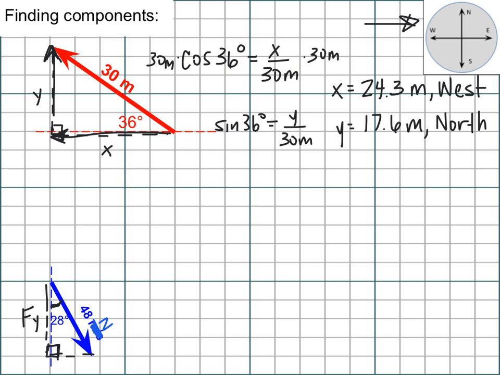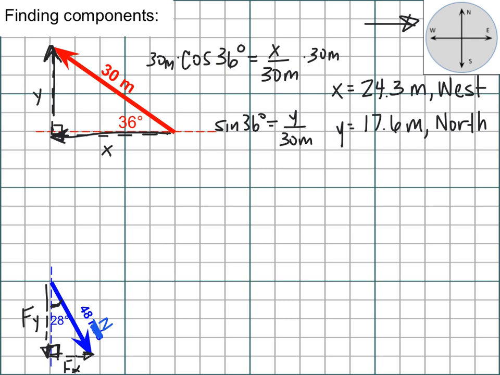And then on the other side, I have a similar idea. This vector here, or component vector, is pointing to the right, whereas this one was pointing down. This one is in the x direction, so I'll call it F sub x as my component. So let's find F sub x. That is opposite my angle of 28 degrees.